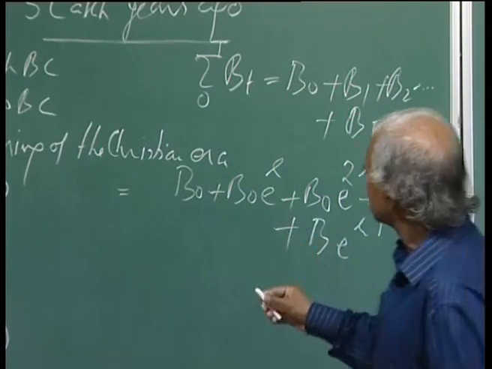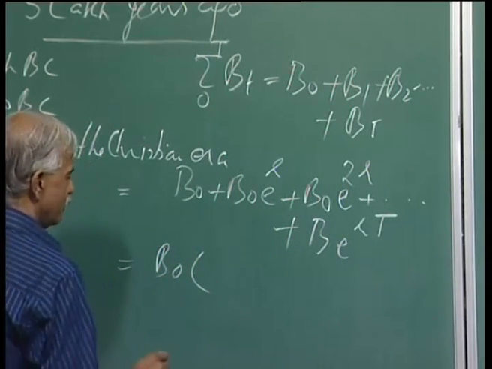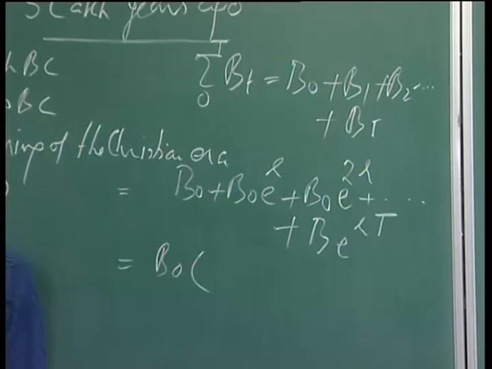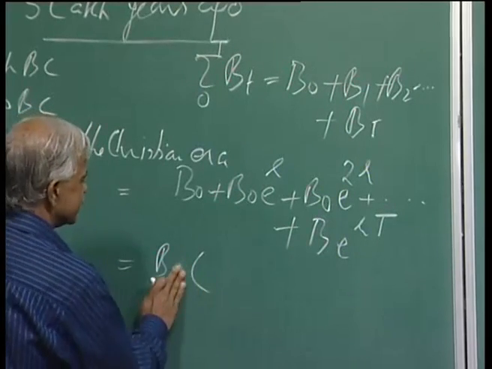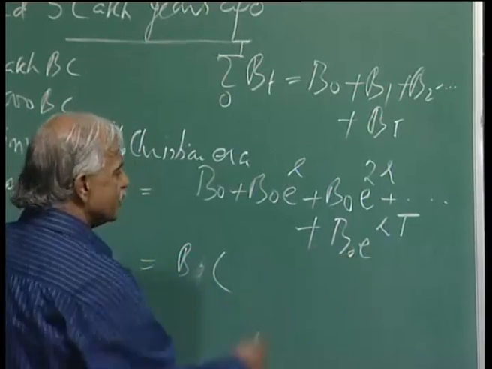Now, B0 can be taken outside, or if I take, say, B0 e raised to power rT.